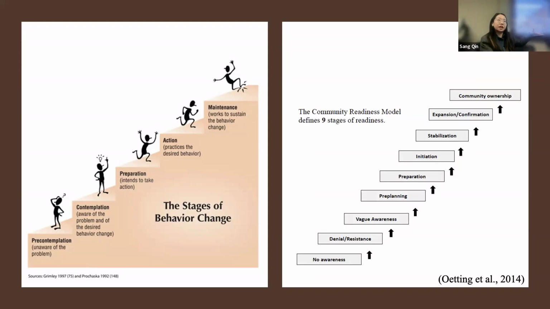Following that, we need to match the intervention to the stage in order to make that change happen. And if the intervention you provide exceeds their current stage, you're going to experience behavioral resistance. So that's the stages of behavioral change.